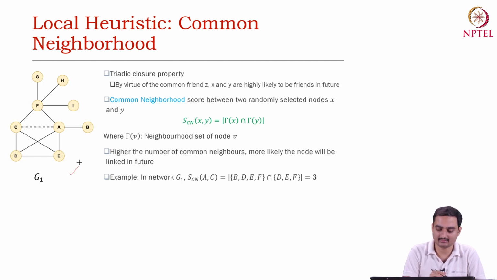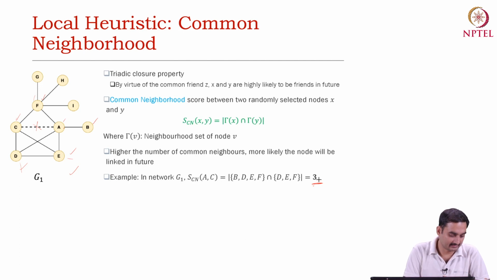In this case, A and C are not connected, so this broken edge does not exist, but A has nodes F, B, D, E as neighbors, and node C has F, E and D as neighbors. Therefore, the size of the intersection of the neighbors of A and C would be 3, so the similarity would be 3.